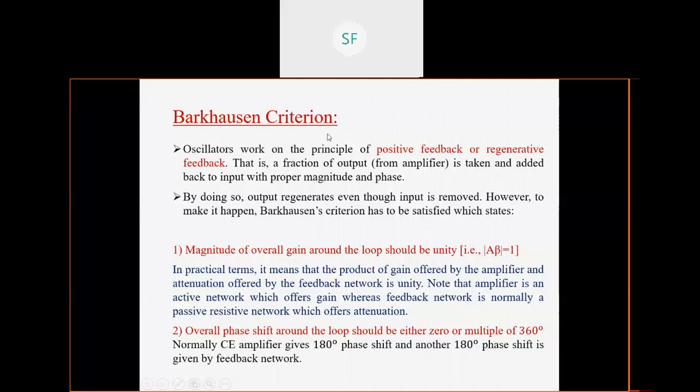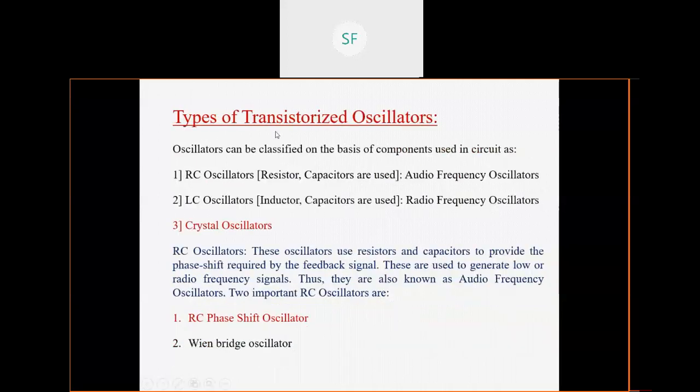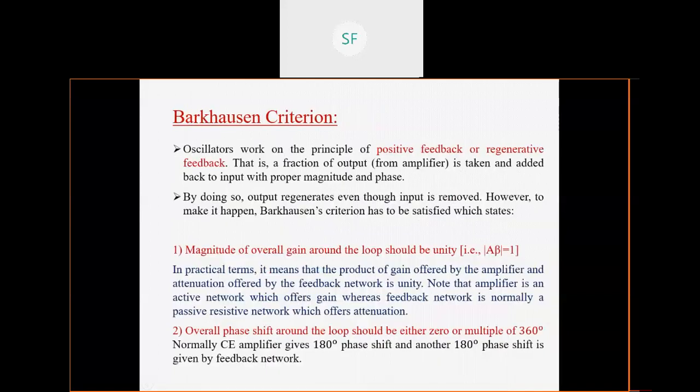Basically, Barkhausen was a scientist, and he has given the criteria that for any electronic circuit to behave as an oscillator, it has to satisfy this particular criteria. This criteria is very important, and only by satisfying this criteria will your circuit produce sustained oscillations at the output.